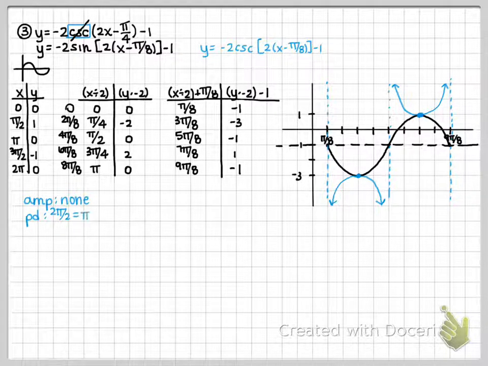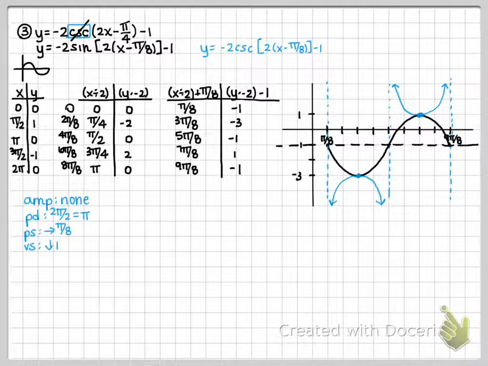We would simplify it to pi. Phase shift for cosecant is the same as it is for sine. It looks like we went right, pi over 8. And then vertical shift for cosecant is the same as it is for sine, which was down 1.